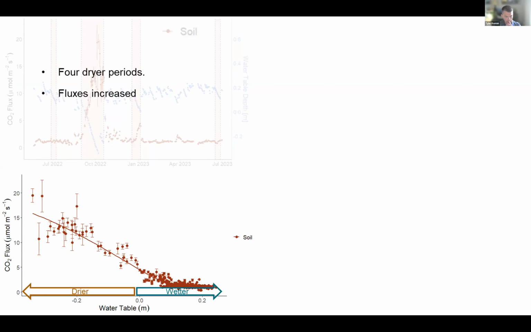And if we look at that as the flux related to the water table, we see that increase starts to happen once the water table drops below about 10 centimeters or so above the surface. And then that flux rate continues to increase as conditions get drier.